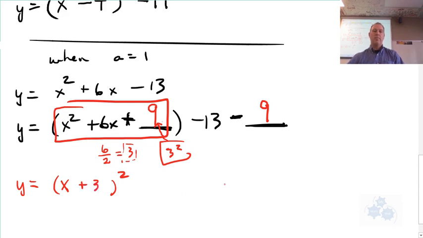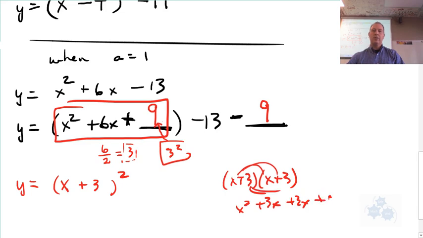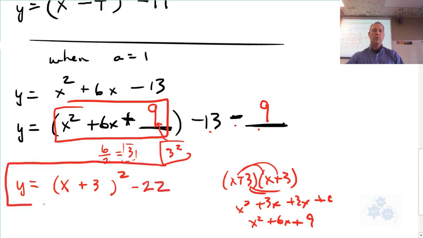So x plus 3. Just really quickly, x plus 3 times x plus 3 is x squared plus 3x plus 3x plus 9. That's x squared plus 6x plus 9. See how that works? So it's good. Now what do I put outside the brackets? What's negative 13 minus 9? Negative 22. Boom. You're done.